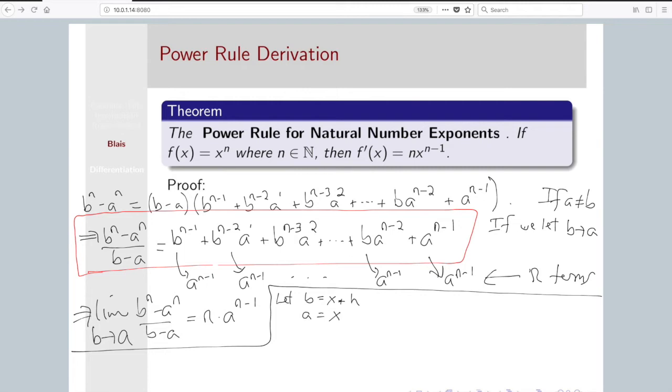If we do that, this expression here, which we'll label as expression star, becomes the following: the limit as b approaches a, b to the n is x plus h to the n. a was x, so we have x to the n over b minus a.